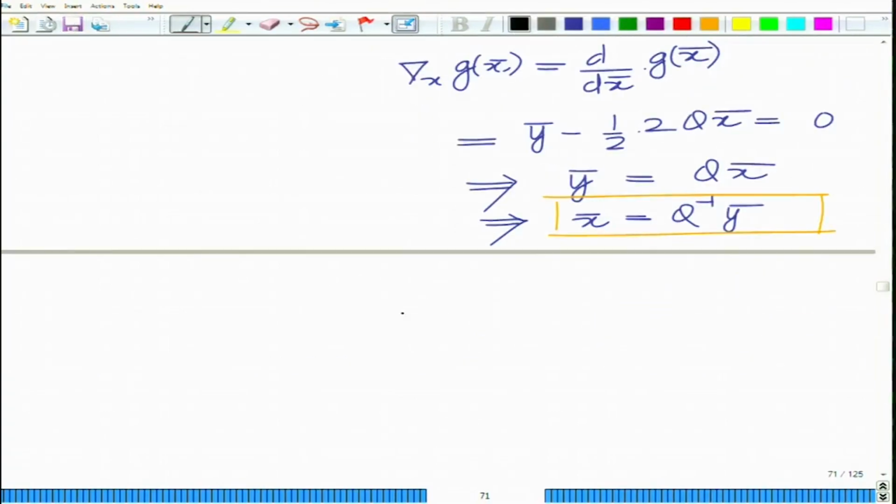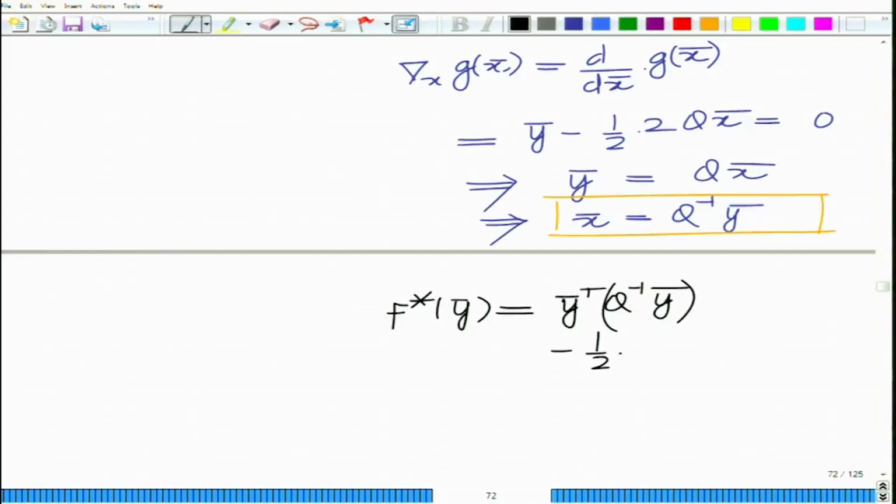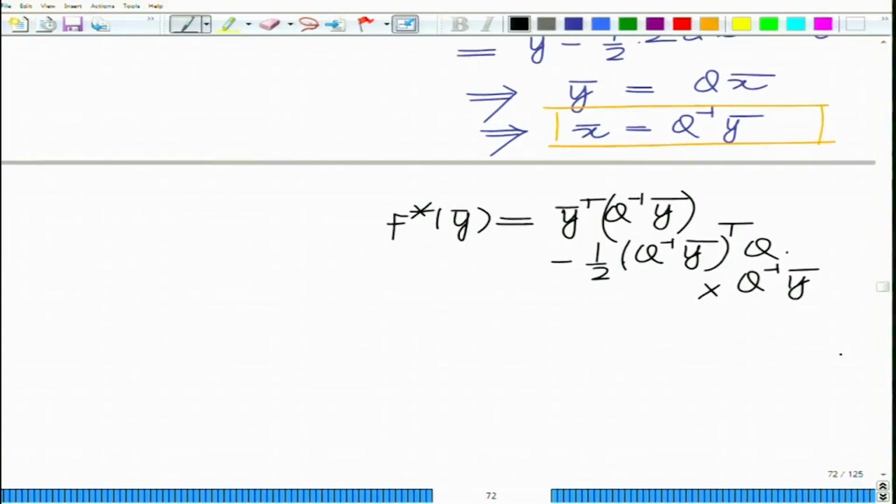And the conjugate function f conjugate y equals y bar transpose Q inverse y bar minus, that is, y bar transpose times x bar minus half x bar transpose Q x bar, which is nothing but basically, instead of x bar I am substituting Q inverse y bar, so Q inverse y bar transpose Q times Q inverse y bar.